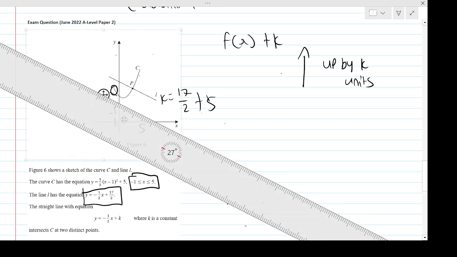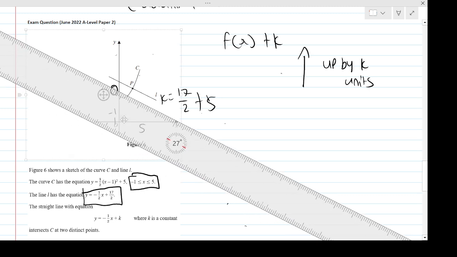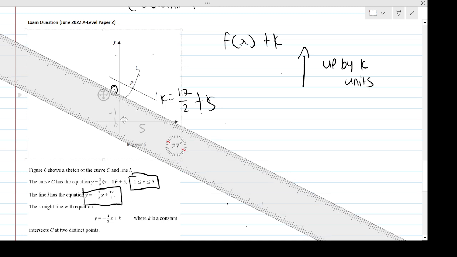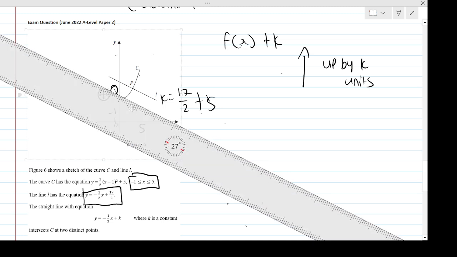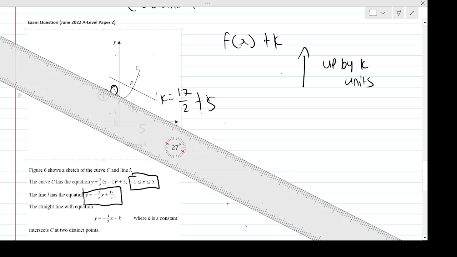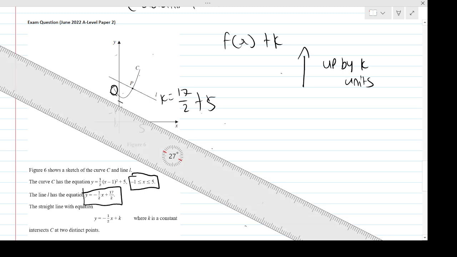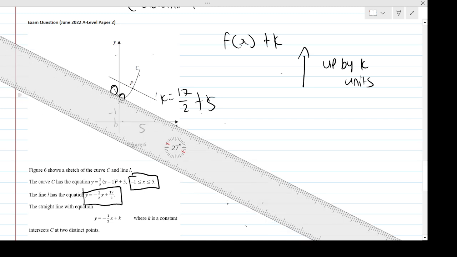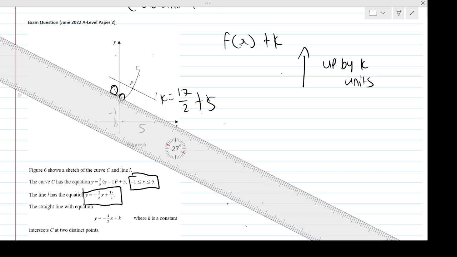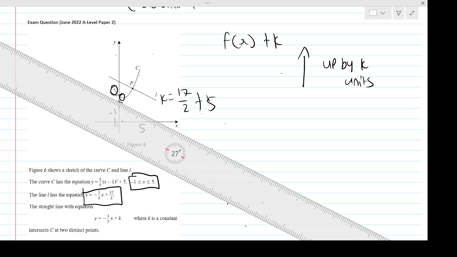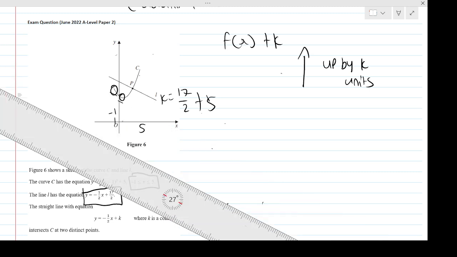Then if you keep moving it down even more, it's still going to cross twice, twice, twice. Then it reaches this point eventually when it crosses once, which should be here. Then when it reaches here, it crosses the curve exactly once. It touches the curve, and then if we go down even further, it doesn't cross the curve at all, no matter how far we go down.